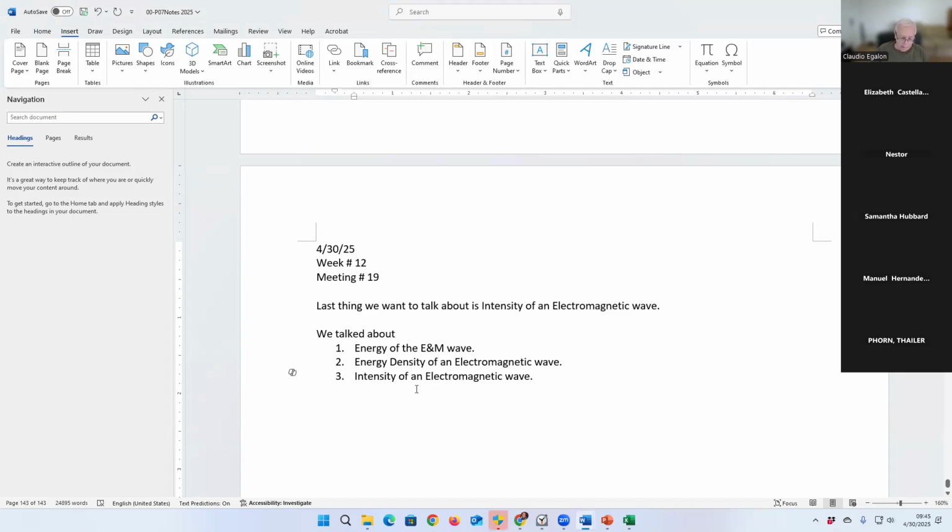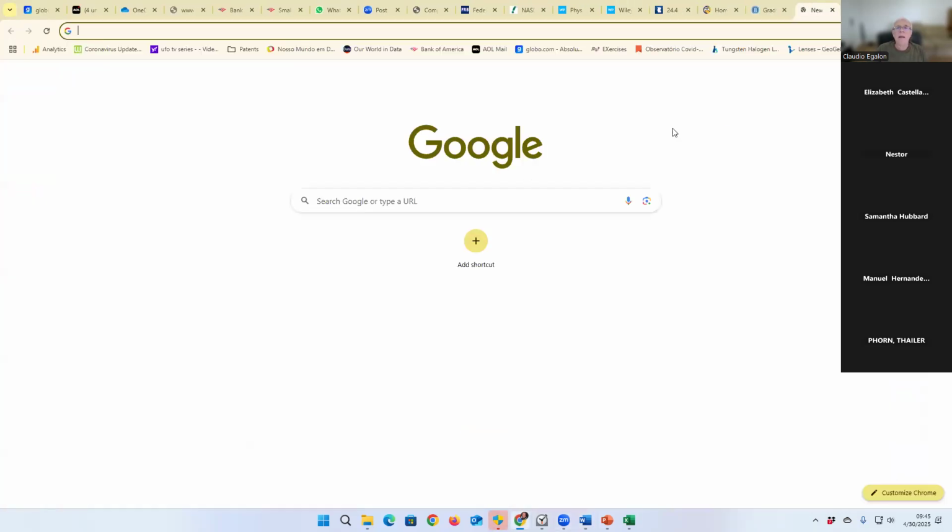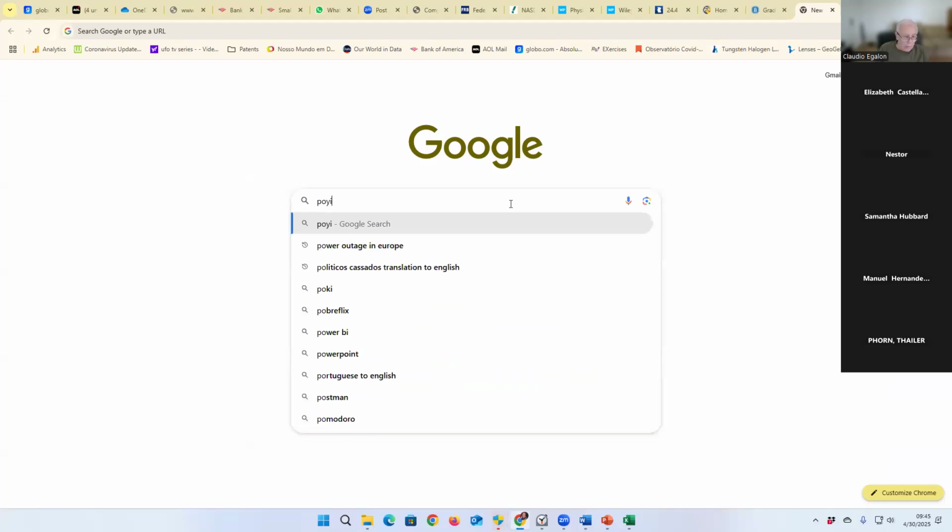And this intensity of electromagnetic waves is also called the Poynting vector. Let's see how this is spelled out. Poynting vector, yeah.